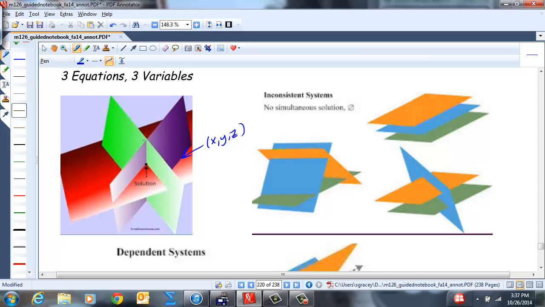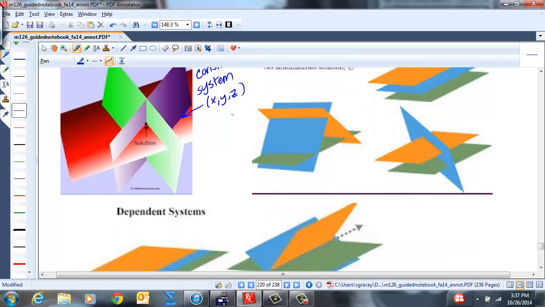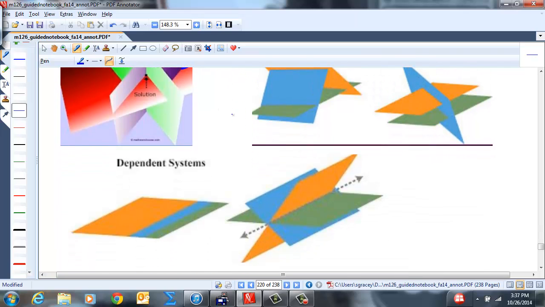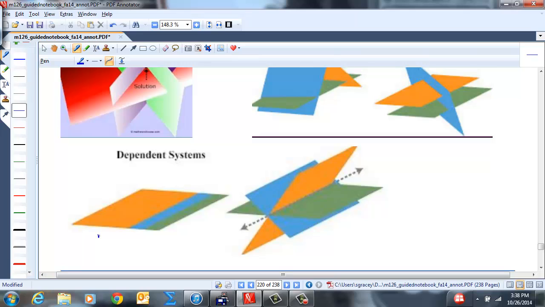That's the only spot that these three planes now intersect. And it is a consistent system. Now the one below is also consistent. These two here are considered to be coplanar, and so the planes are multiples of each other. And these are also consistent.